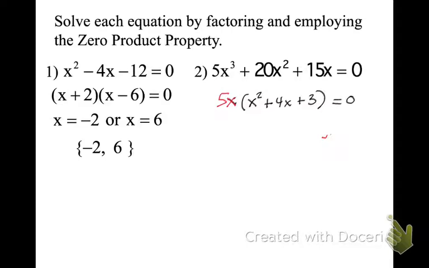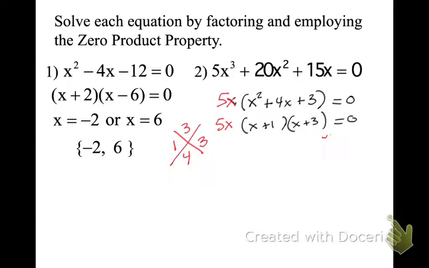So I have to do my x marks the spot here. What multiplies to 3 and adds to 4? They're both positive. Let's try 3 and 1. Okay, so I've got 5x and then x squared. I've got to do an x and an x and a plus 1 and plus 3 equals 0.